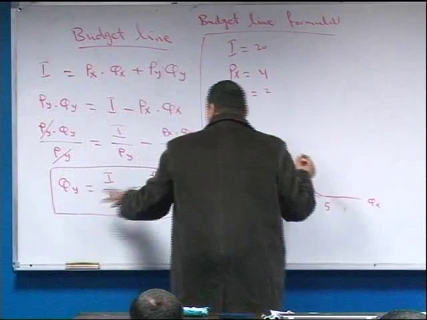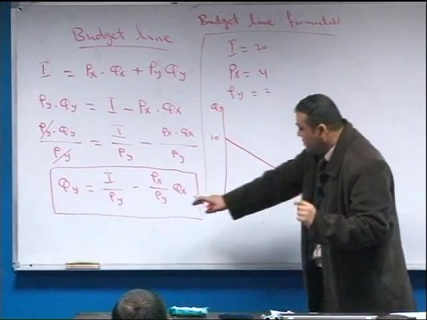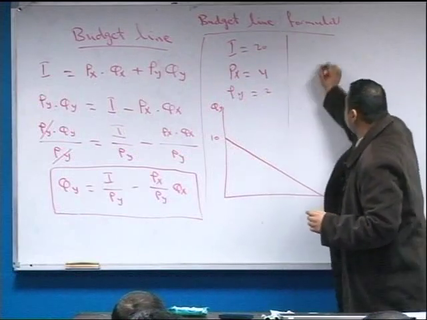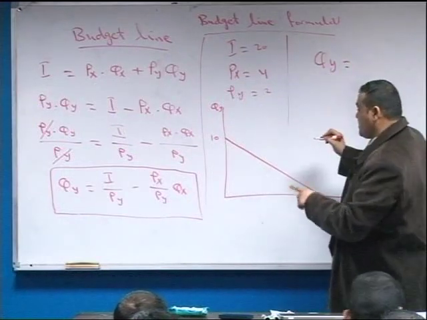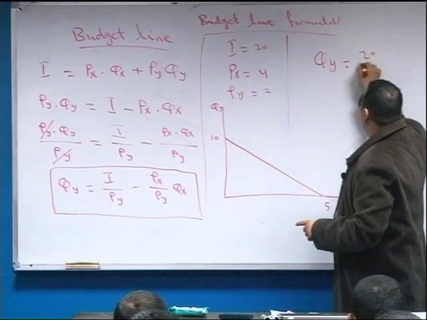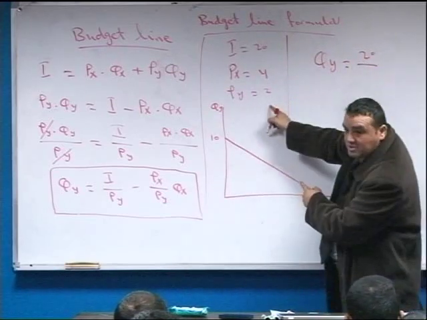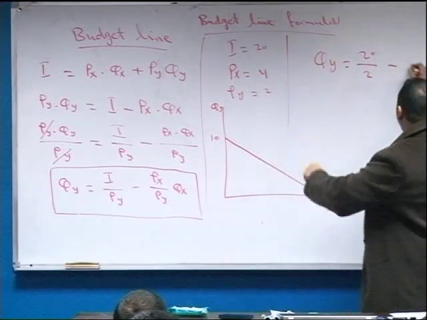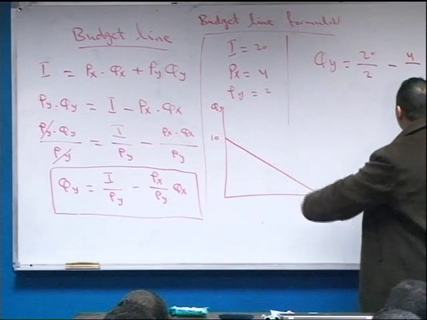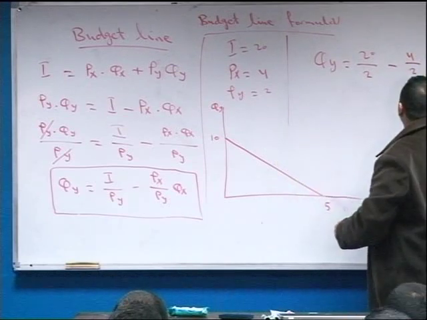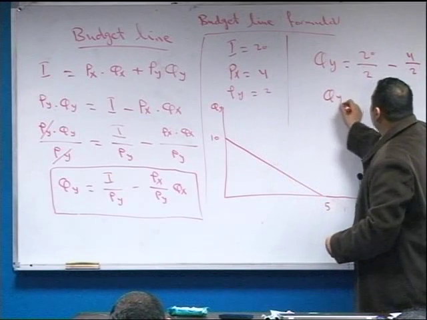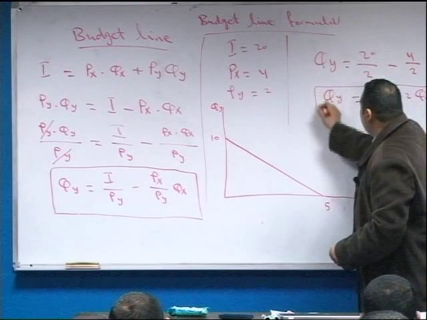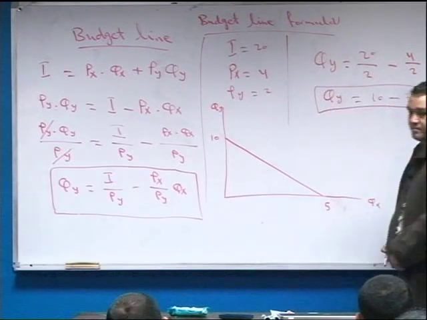We have to use this formula: QY equals income 20 over the price of Y, 2, minus the price of X, 4, over 2 times QX. So QY equals 10 minus 2 QX. This is the budget line equation.